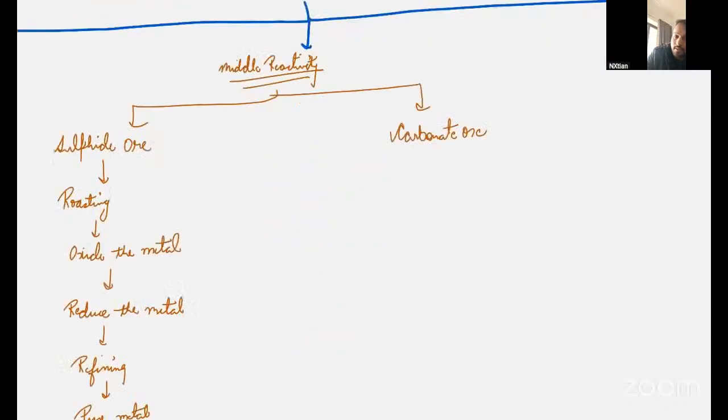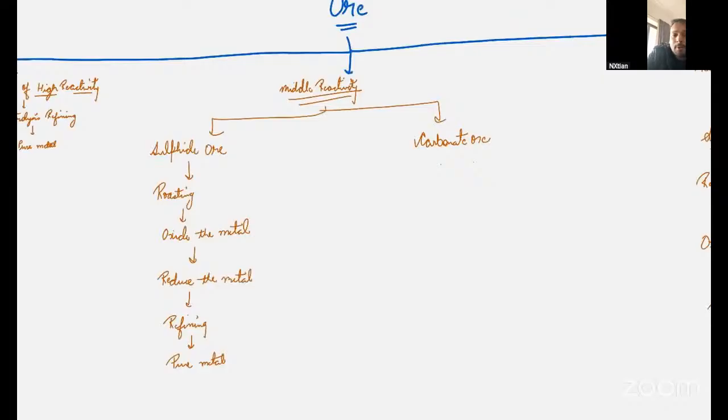Now, please pay attention. If carbonate ore is there, for example zinc carbonate, we will not do roasting. We will do calcination.